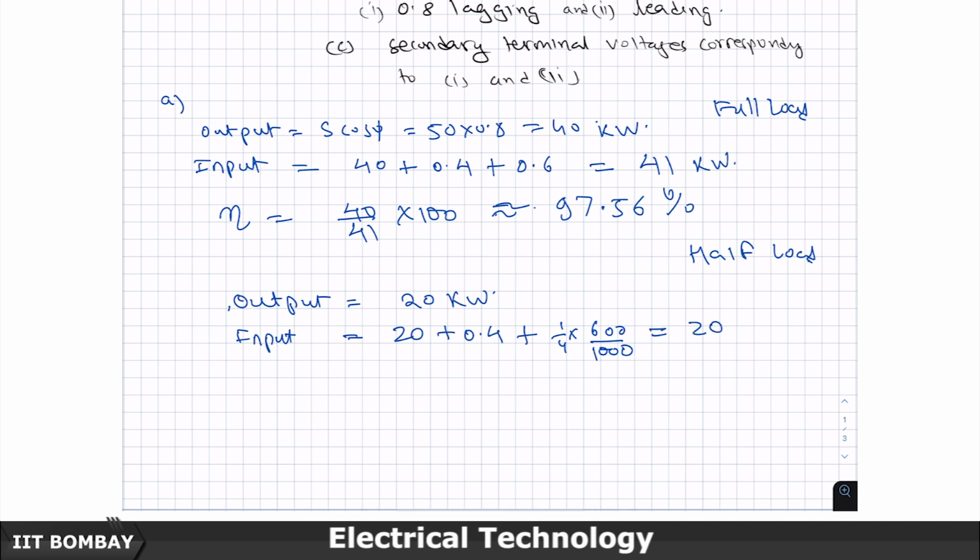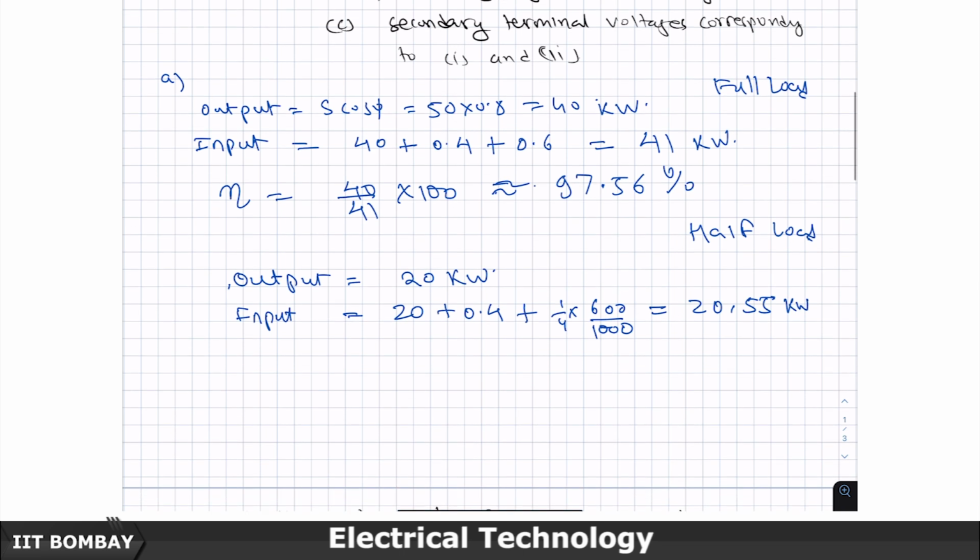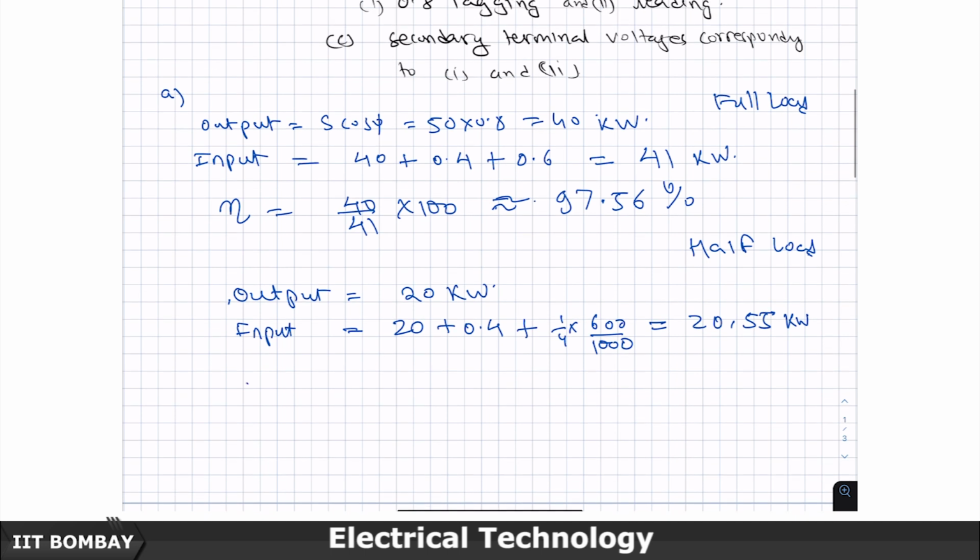So, therefore, the input is 20.55 kilowatts. So, the efficiency now is going to be 20 divided by 20.55 into 100, which is equal to 97.32 percent.